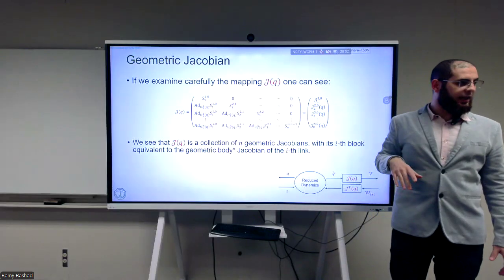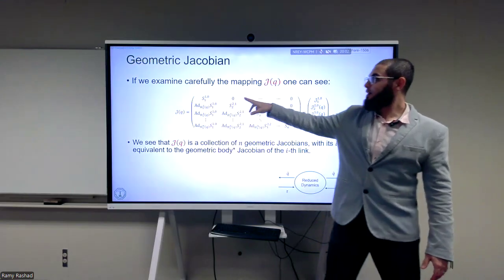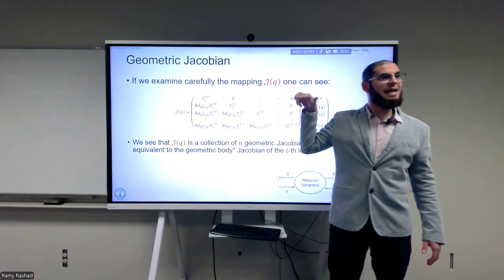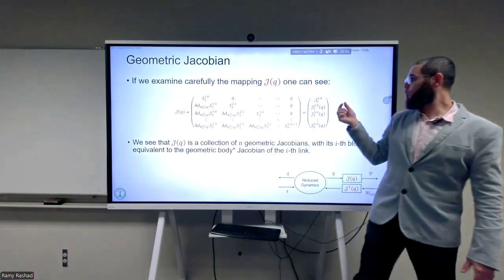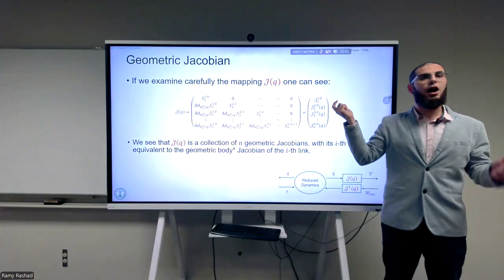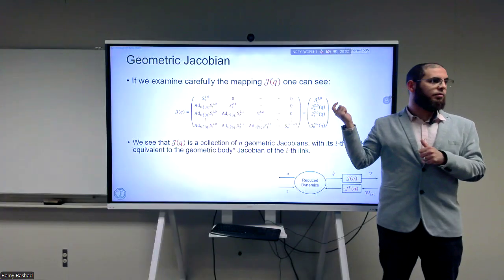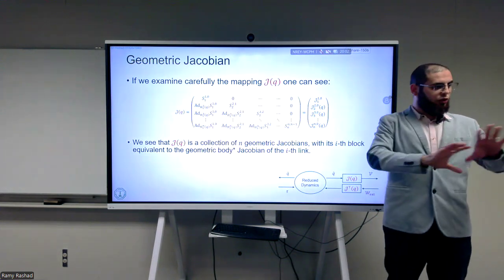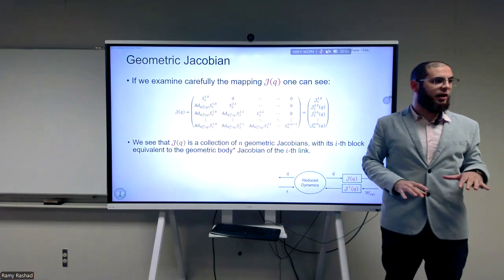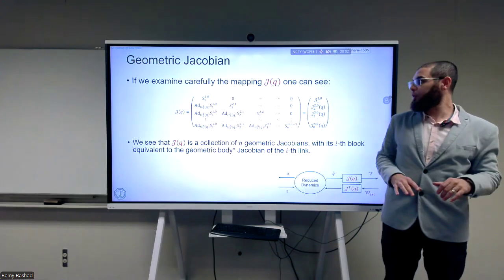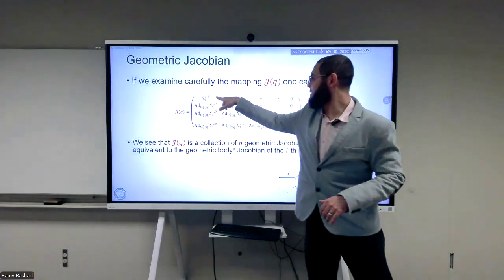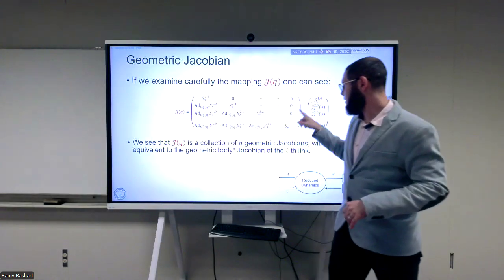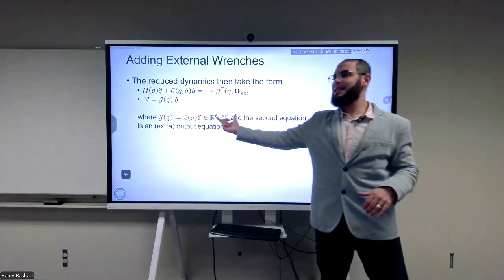Now take a closer look. You'll find that every one of these rows is equivalent exactly to what we called the ith geometric Jacobian, expressed in the ith frame. You really need to go study and compare this, but for now you can take my word for it. This whole J has dimension 6n by n.